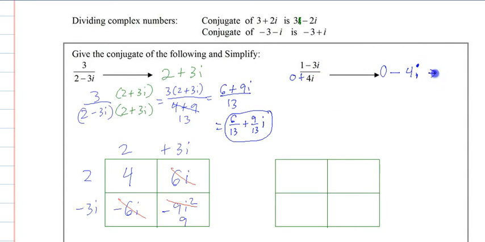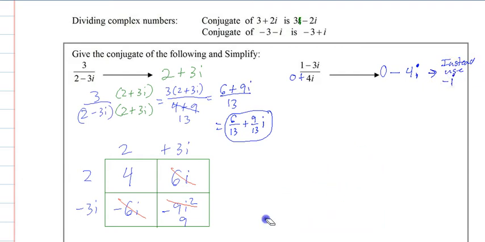So what we're going to use instead is just i with a minus in front. Just the minus i. And you'll see why right here. So this is 1 minus 3i over 4i. And then we're going to multiply top and bottom by minus i.